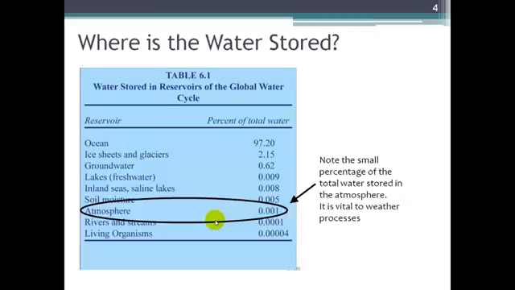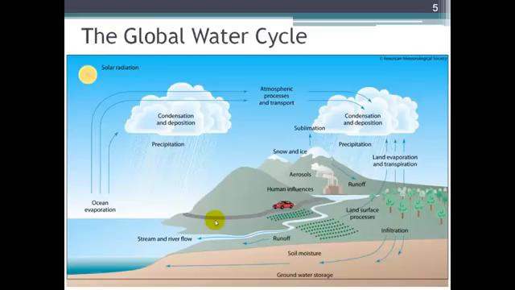This schematic shows the global water cycle, and we start with the open water. So we have the open ocean and open water on the earth, on the land, and the water evaporates because of the sun.